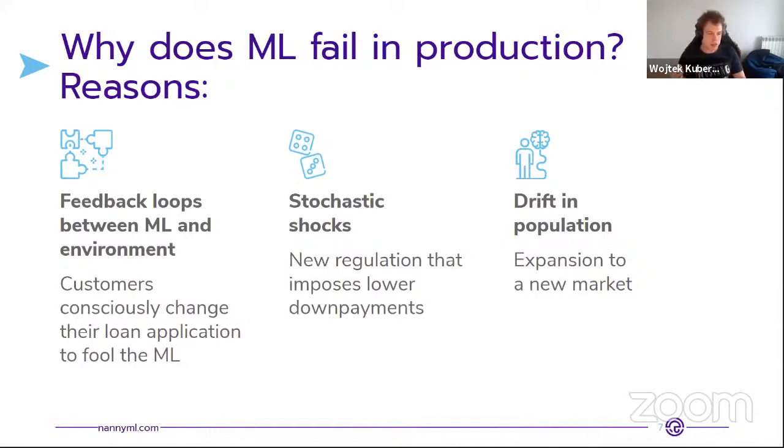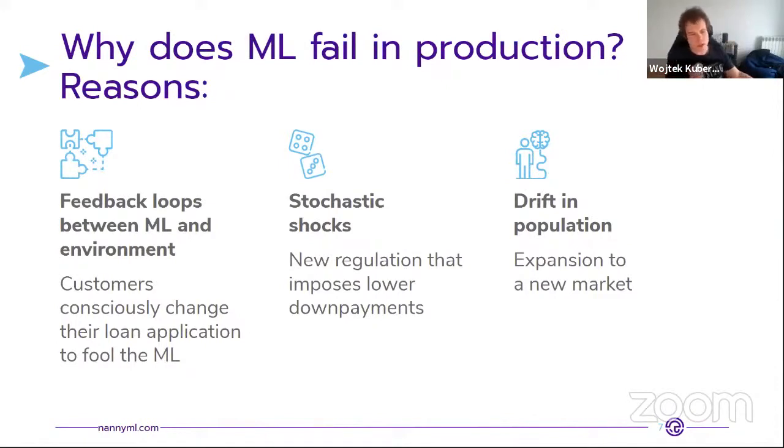Imagine here that customers consciously change what they say in their loan application, what things they hide, because the model needs to be fully explainable, as this is a regulatory necessity. So customers will start trying to fool the machine learning system, and in time they will succeed, which might decrease the performance of the model.